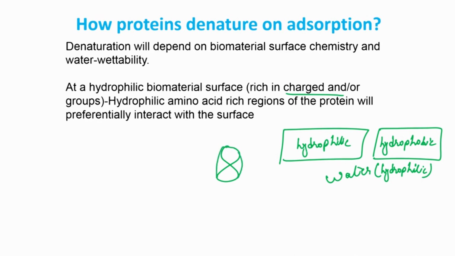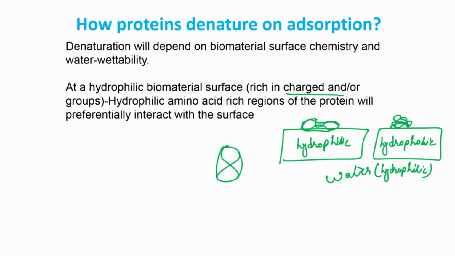Then when it comes in contact with the hydrophilic surface, the protein structure may change a bit, maybe it is going to become slightly elongated, but more or less the structure is going to be similar, whereas when it comes in contact with the hydrophobic domain, it is going to become completely inside out.